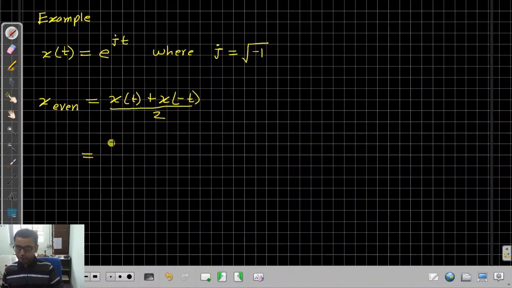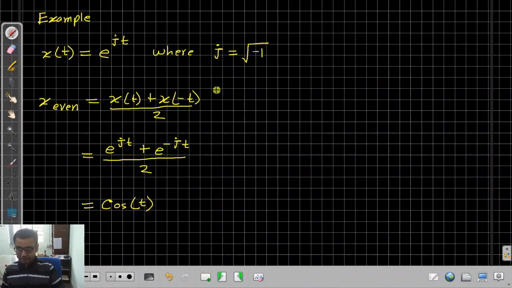Now if I put the values, this is the same as e to the power jt plus e to the power minus jt whole divided by 2, and by definition, or by Taylor series expansion, you can prove that this is the same as cosine t.